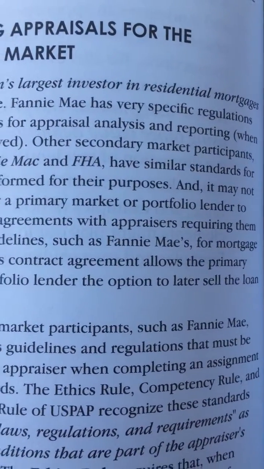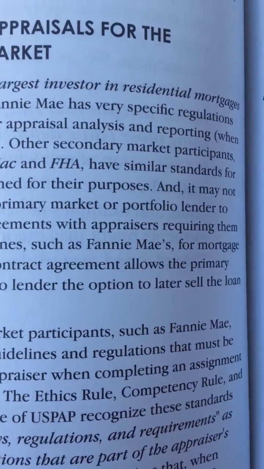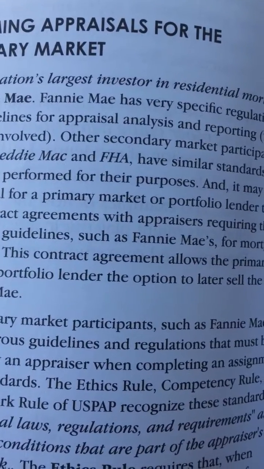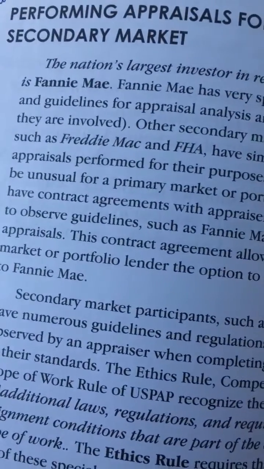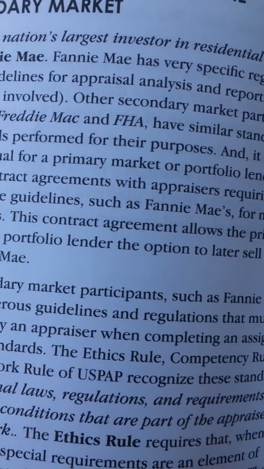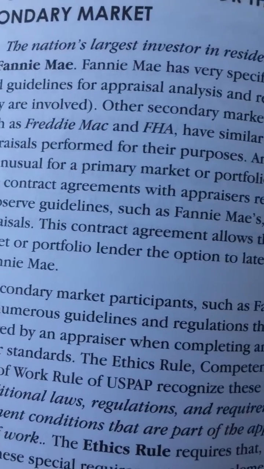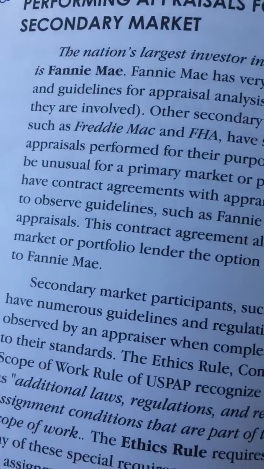have similar standards for appraisals performed for their purposes, and it may not be unusual for a primary market or portfolio lender to have contract agreements with appraisers requiring them to observe guidelines such as Fannie Mae's for mortgage appraisals.